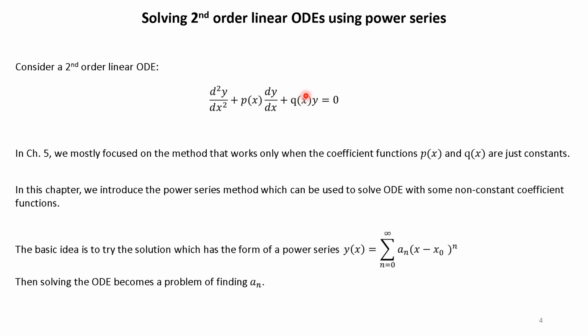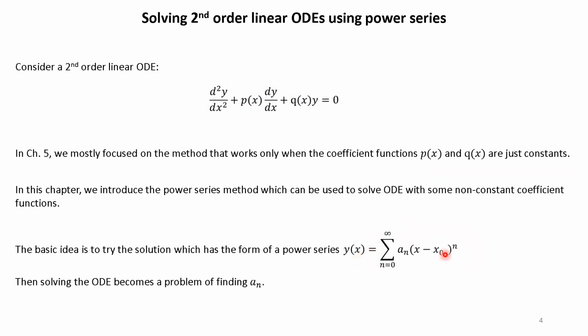So here we have another strategy to solve this kind of second order ODE, where P and Q are not just constant. The idea is to use power series. What it means is that I don't know the solutions, however I hope that the solutions can take this form, a power series.